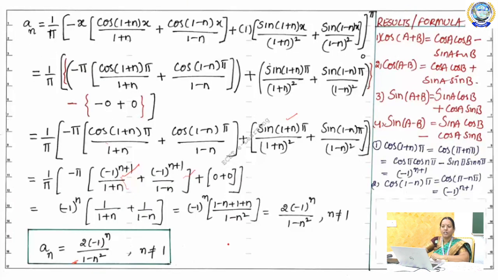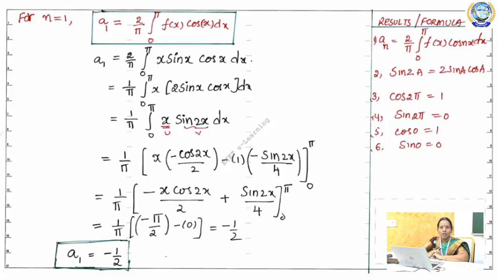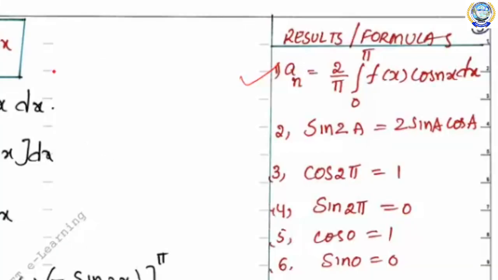What happens if n equals 1? We have to calculate for n equals 1. So let us see. For n equals 1, we have to find out a1. By using the formula an itself, we will calculate a1. Just replace n with 1 in your formula.